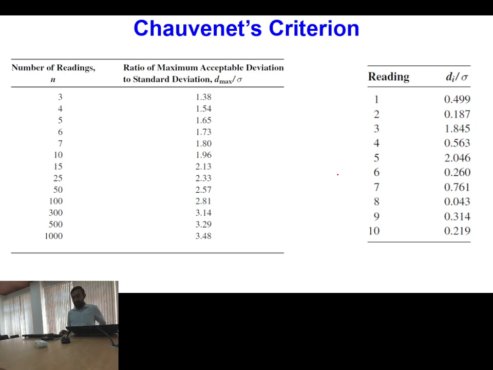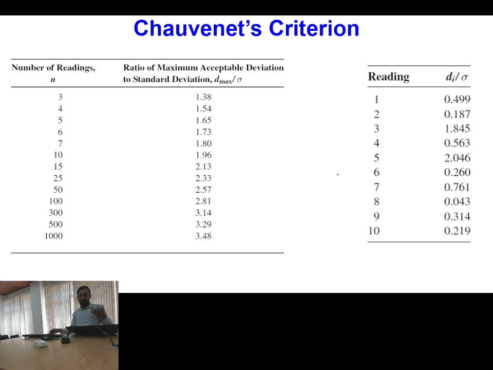Now comes one very important point. Whenever you are doing experiments, say you have taken some readings, how can you decide whether your reading is correct? Is it a good data point or a bad data point?